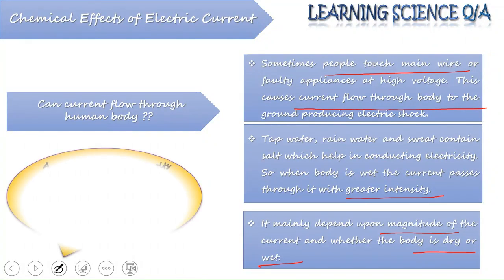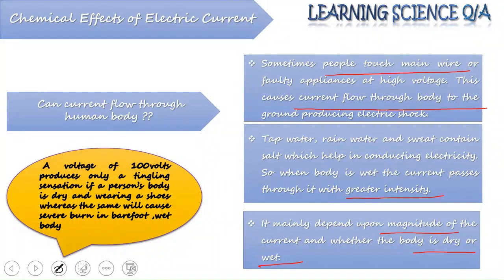Now, just take an example. If a voltage of 100 volt is there, then it will have only a tingling sensation if the person's body is dry and they are wearing proper shoes. But the same voltage will produce a severe effect if the body is wet and the person is barefoot.